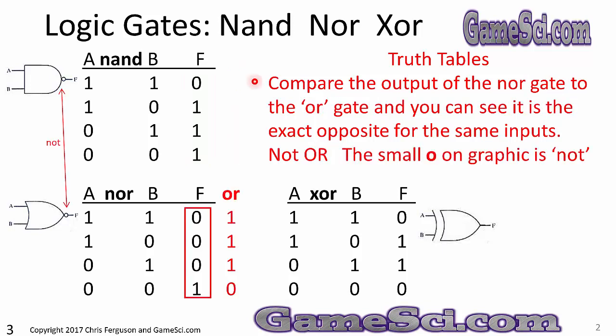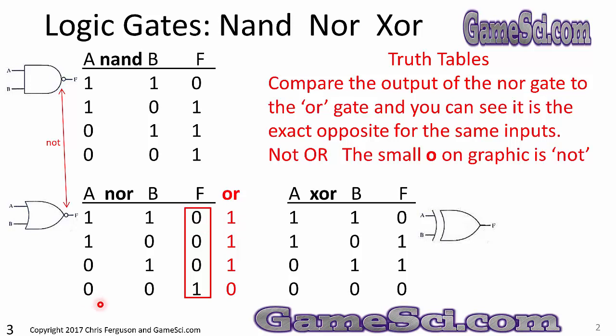Let's compare the output for the NOR gate to the OR gate, and you can see it's the exact opposite for the same inputs. Once again in red, I put the output of what the OR gate would be for the same inputs. With two inputs of 1, the OR gate of course would output a 1. So the not OR gate outputs a 0.